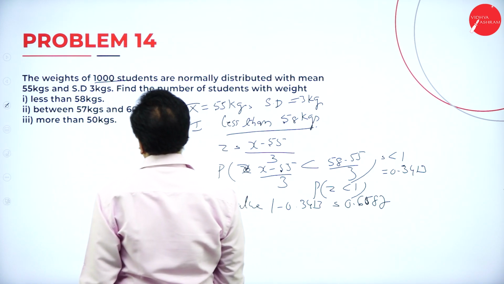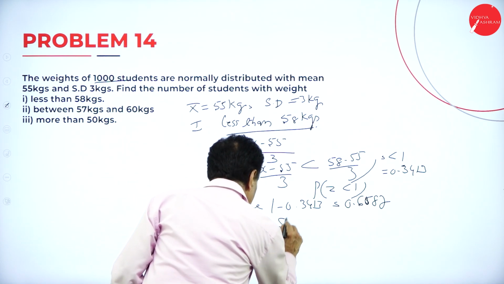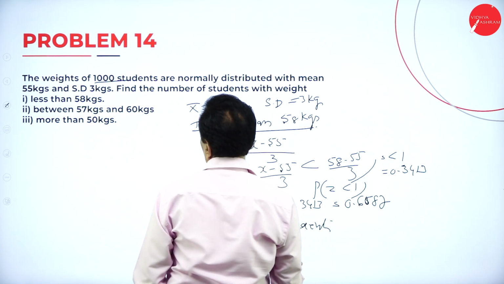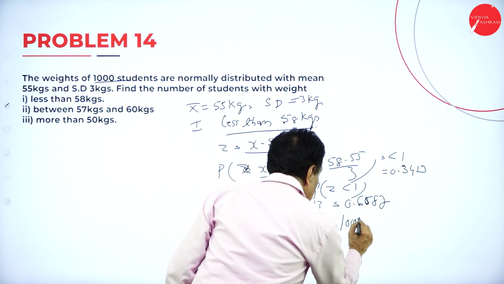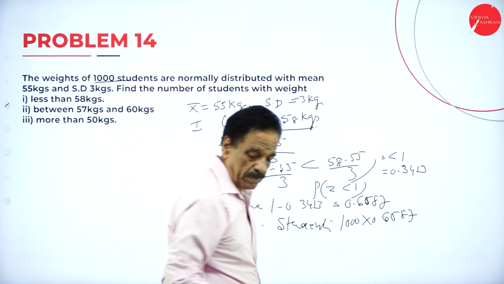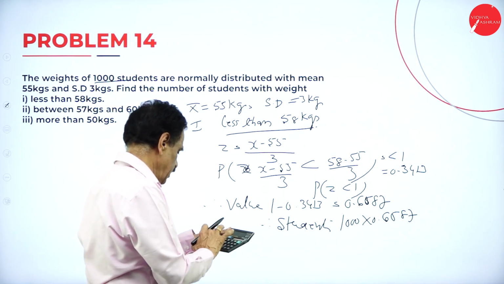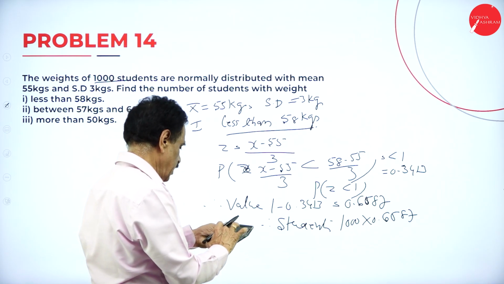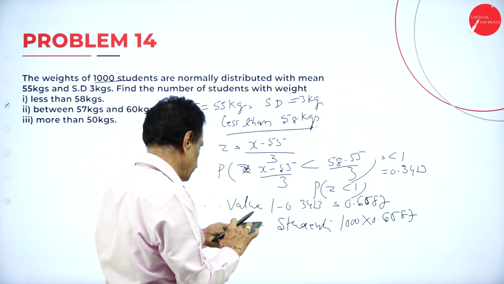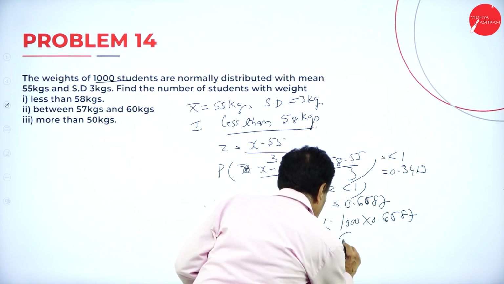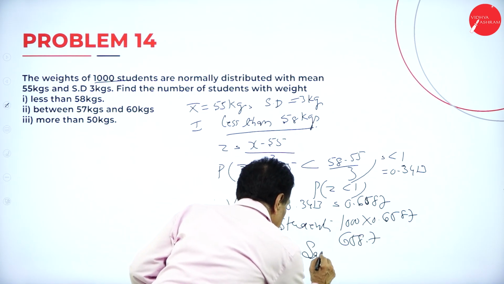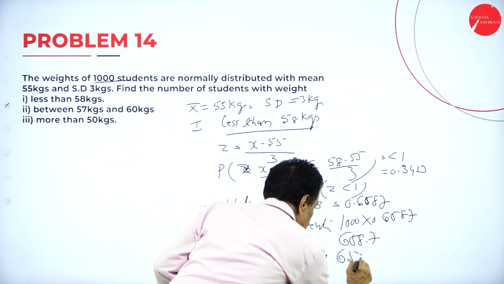Therefore, number of students is 1,000 into 0.6587, that is 658.7, say 659.